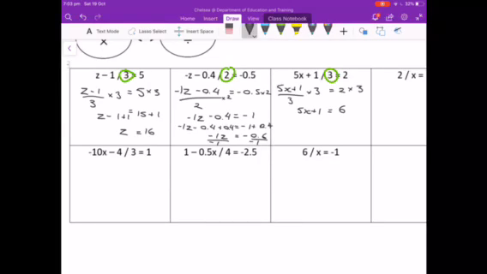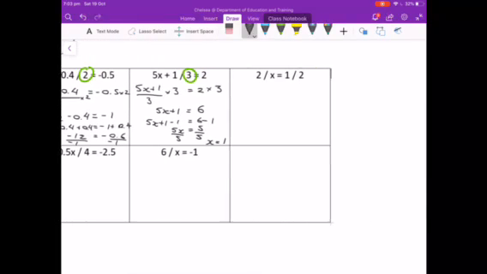The opposite of adding 1 is taking 1. So I'll write that equation again. Taking 1 from both sides. 5x equals 5. Remember, we only want 1x. Therefore, x equals 1, because 5 divided by 5 equals 1. You'll notice you need quite a bit of room to do this working out.